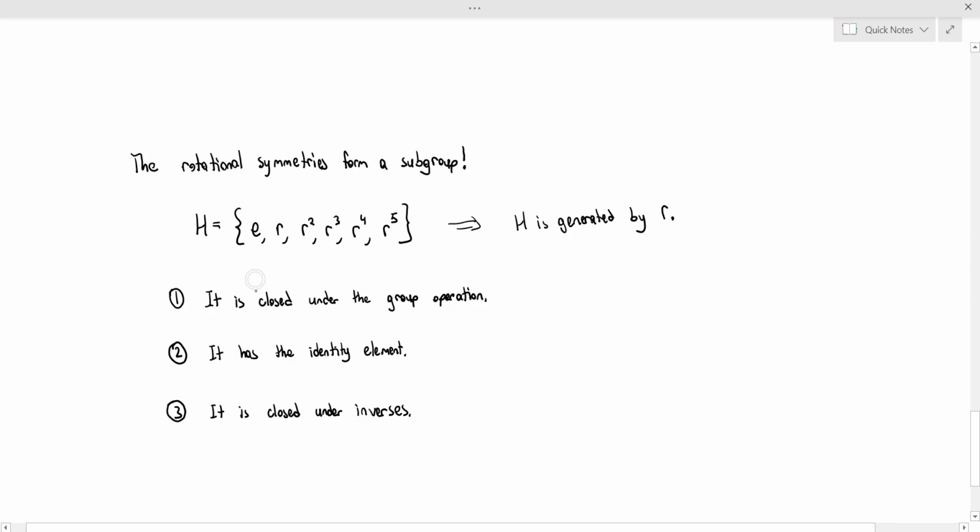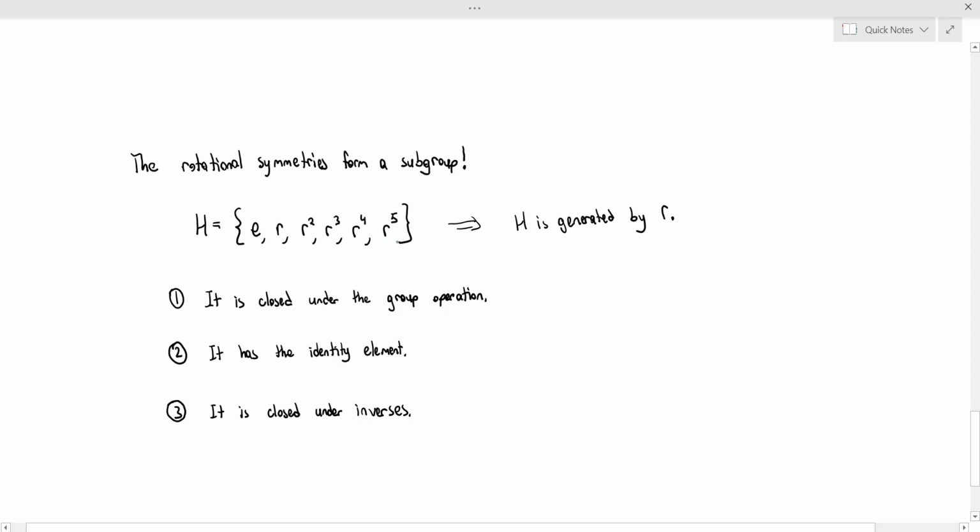It has the identity element, rotation by 0 degrees. And we talked about how R and R to the 5th are inverses and so forth. So it is closed under inverses. Now in this case, every element of this group can be expressed using just the element R by itself.